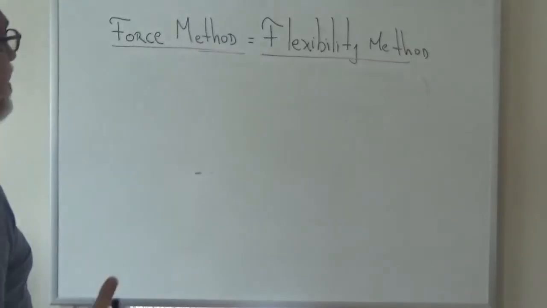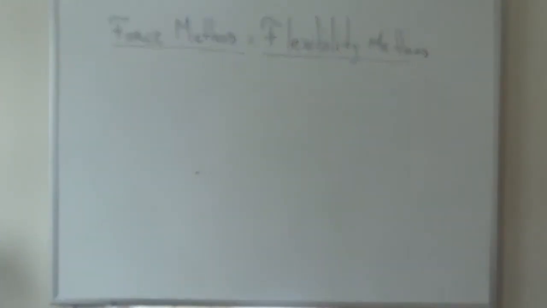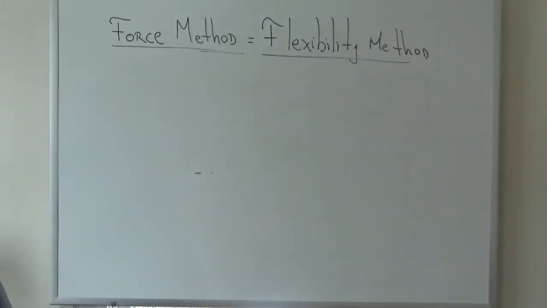The name force method comes from the fact that the unknowns, traditionally of course, are usually forces. Forces meaning in the general sense, forces, moments, and so on, right? And the term flexibility method comes from the fact that when you formulate the method, you end up having a mathematical structure in which one matrix that is involved is the flexibility matrix, which will become apparent as we go.